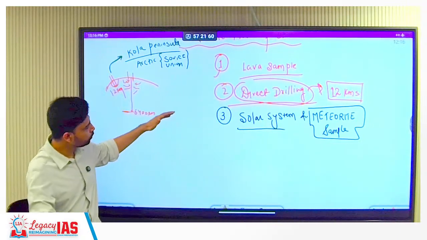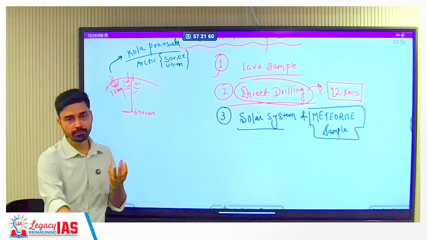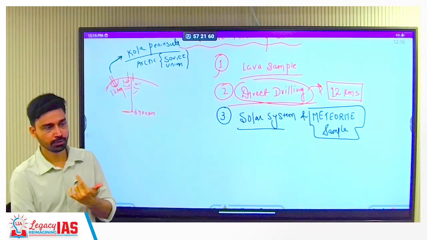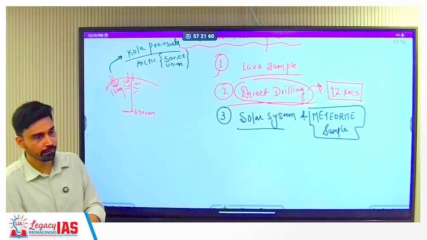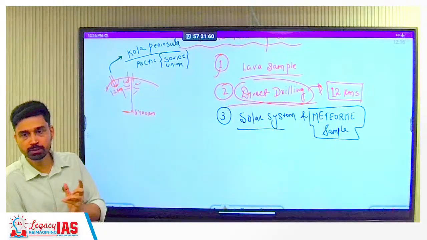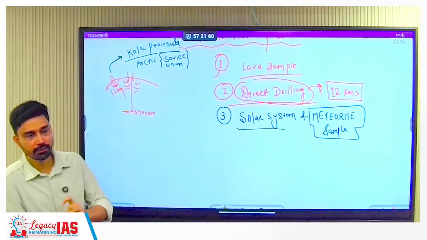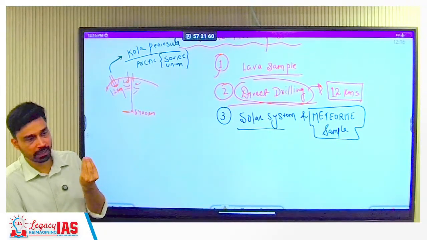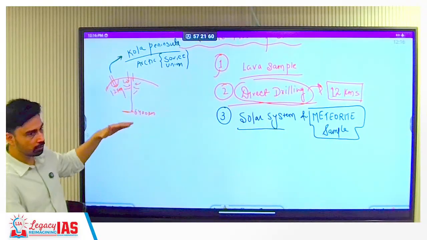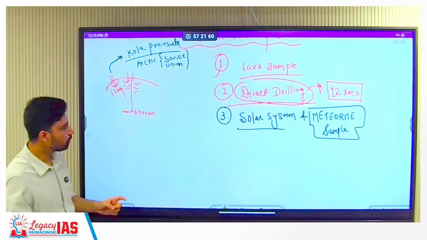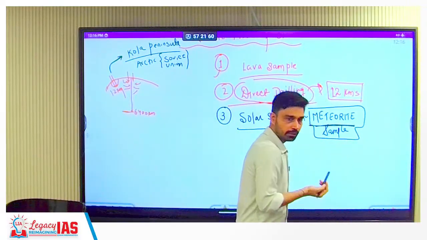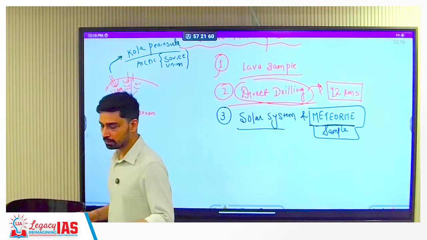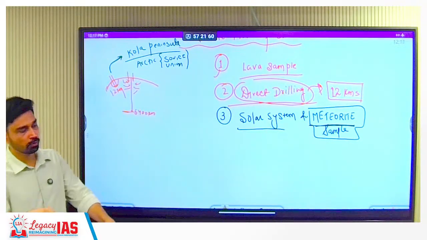As they begin to be pulled by earth's gravity, most of them are destroyed. Why? Because they have to pass through the atmosphere where they are facing atmospheric friction and heat. So large part of them gets burned, but still some part, if they are very large meteorites, cannot be fully burned, and then they fall on the surface of Earth. So that object that fell on the Earth's surface, what we are calling it as? That is meteorite. So it is a kind of celestial body or a part of celestial body.